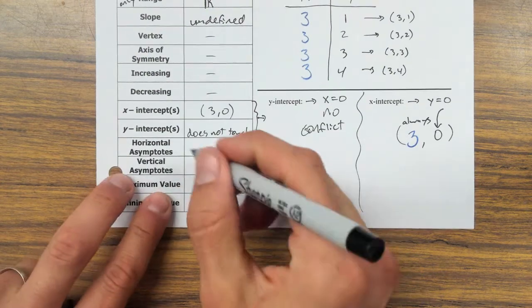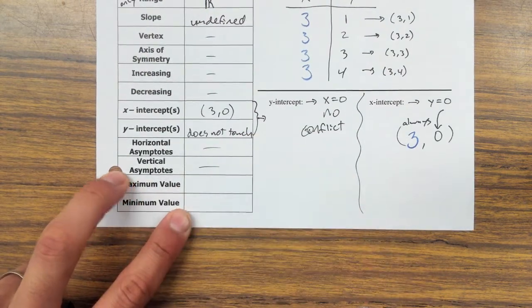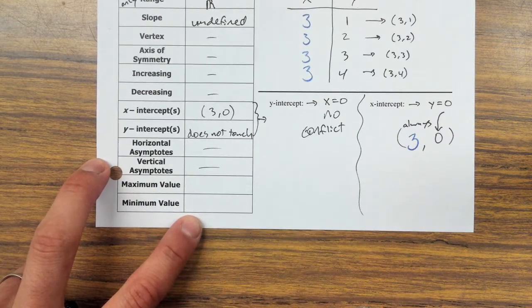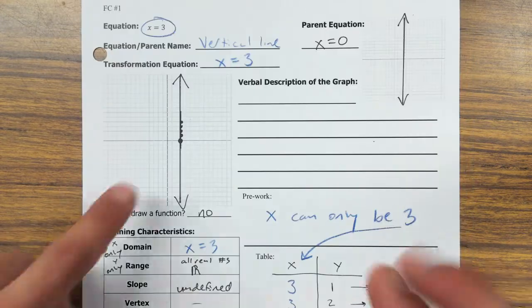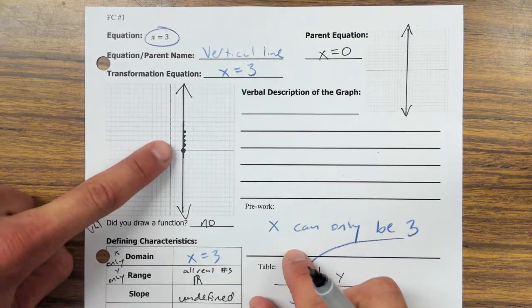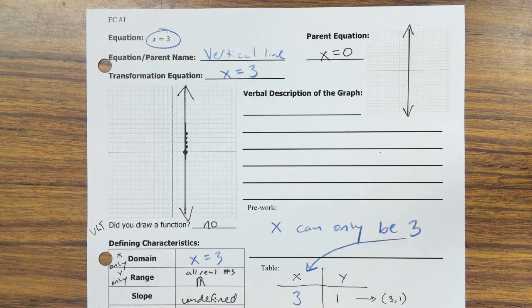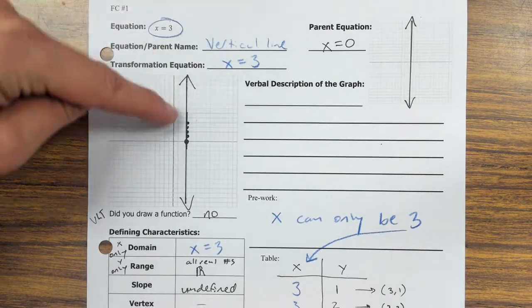Is there a horizontal asymptote? No. Is there a vertical asymptote? No. Is there a max or a min value? What does this mean? Does our picture go up and stop? Does it ever get to a high location? No, it keeps going and keeps going. It never has a max. It never has a ceiling. In the same regard, does it ever stop going down?